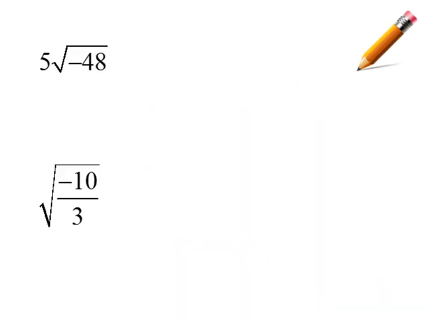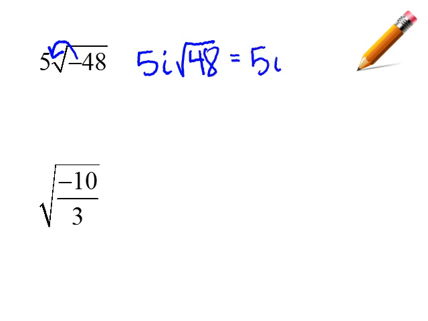Let's look at another example. I'm going to take the negative out and create my imaginary number. 48 reduces. Let's separate it into a good and a bad root. In this case, you want to pick the largest good root, which is 16. 16 times 3 gets me to 48.